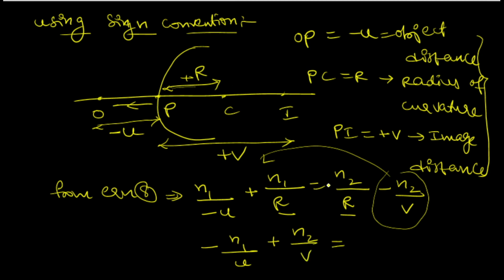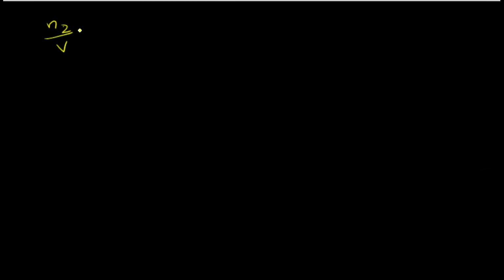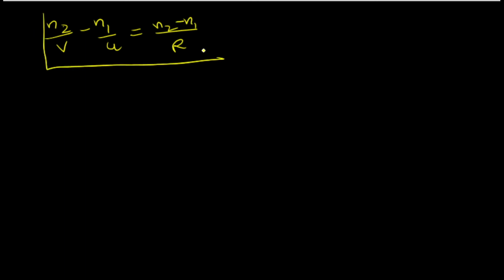This will be equal to n2 by R minus n1 by R, bringing n1 by R towards the right side. Finally we have the equation n2 by v minus n1 by u equals n2 minus n1 divided by R. This is the final equation, equation number 9.